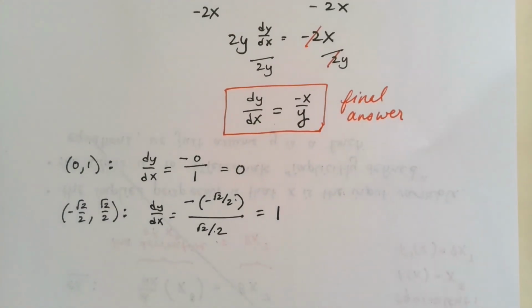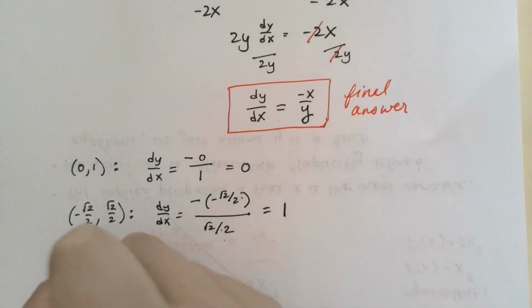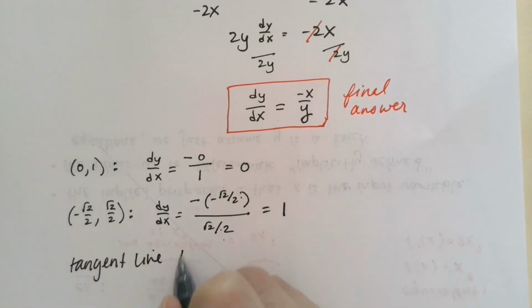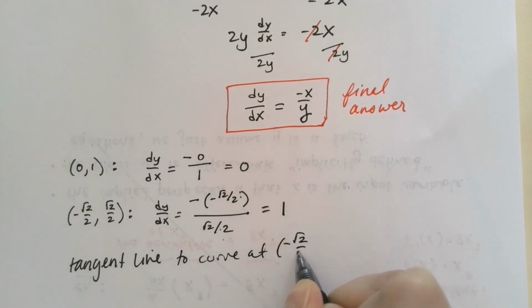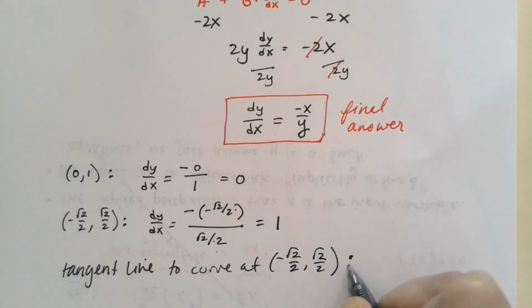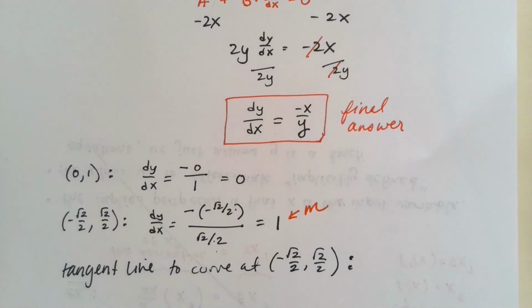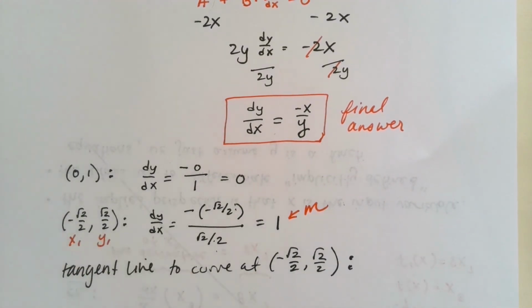If, for a different question, instead of just finding dy/dx at a particular point, we were asked to find the equation of the tangent line at that point, let's use the point we just did, negative root 2 over 2, root 2 over 2. We would use this as the slope, because that's dy/dx at the point, and then this is my x1 and y1.